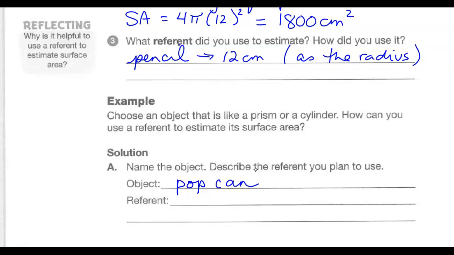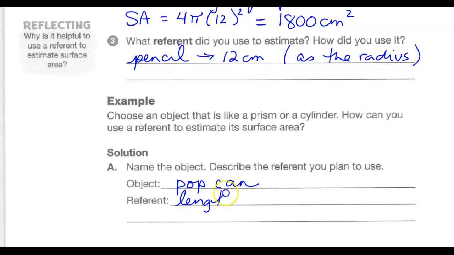For measuring that, we want something not too big as our referent. Back when we talked about imperial measurements, the length of your thumb from the knuckle to the tip is about an inch. Sometimes it's the width for a man or a larger person. So you could think about using that.